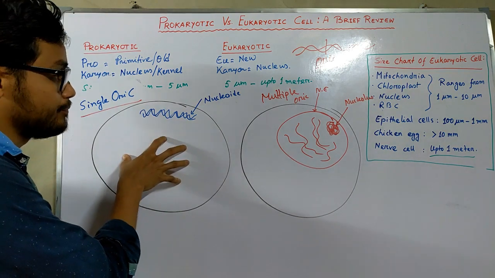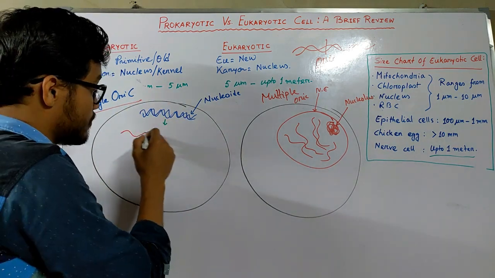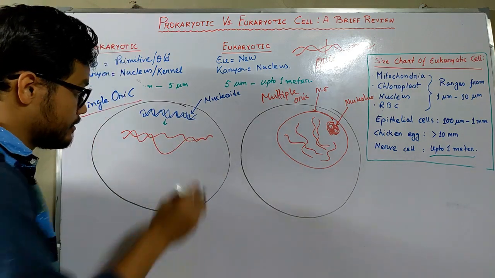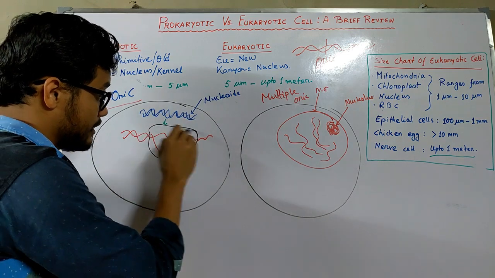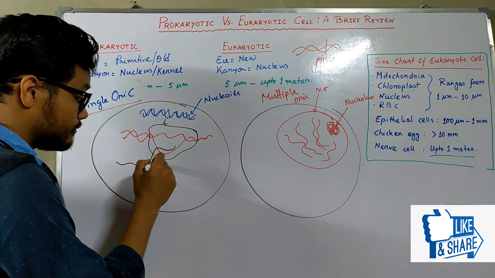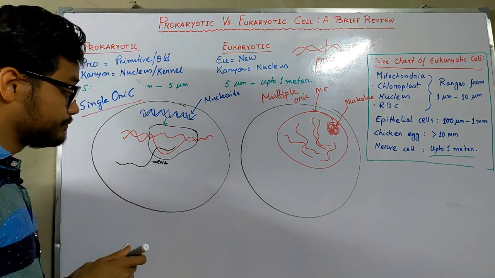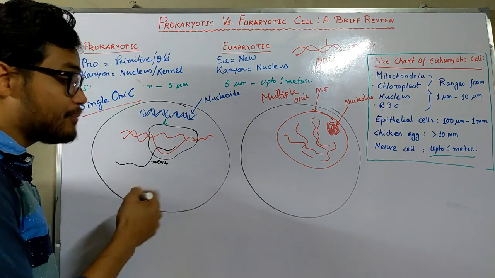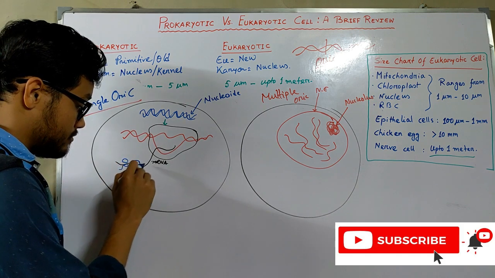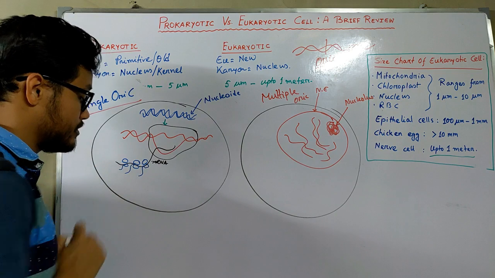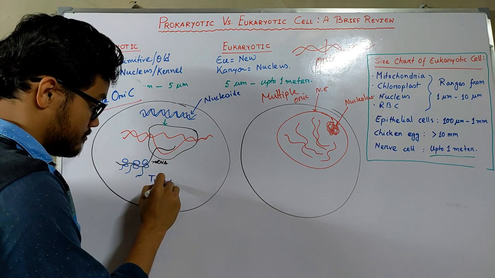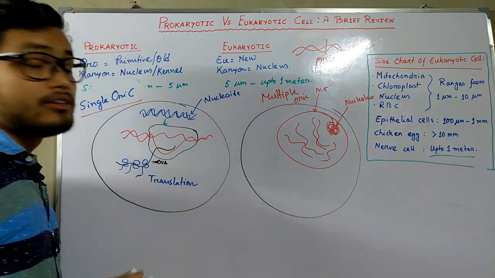In a prokaryotic cell, there is no nuclear envelope. So when an RNA polymerase binds to its DNA, it produces an mRNA. Those mRNAs instantly take part in protein synthesis. Ribosomes bind to these mRNAs and take part in translation, or protein synthesis.